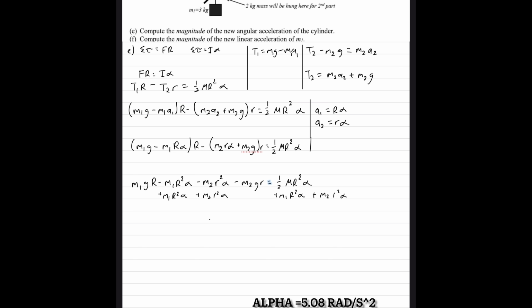So you get 1/2 capital M capital R squared plus okay, and then factor out alpha.